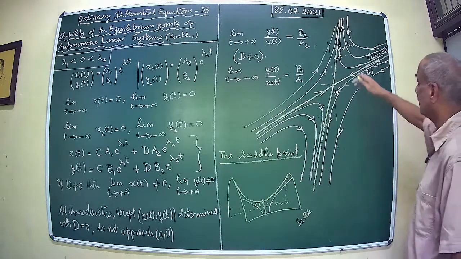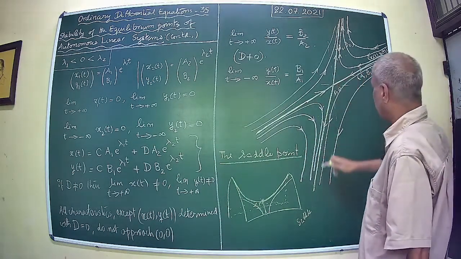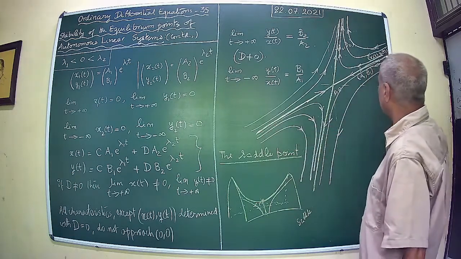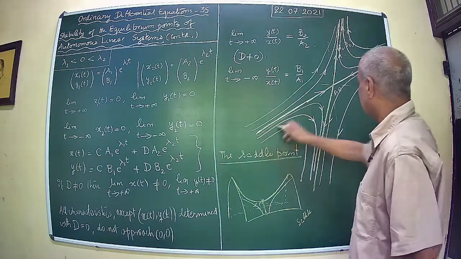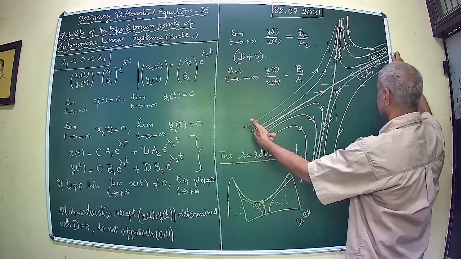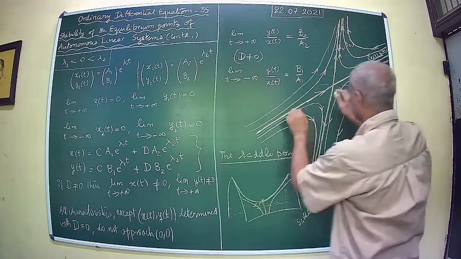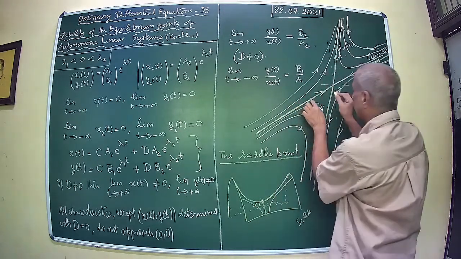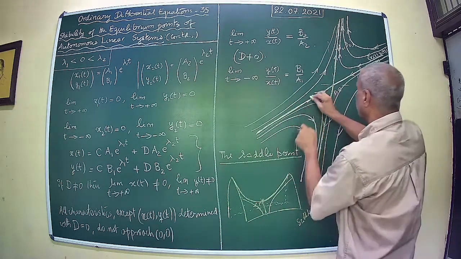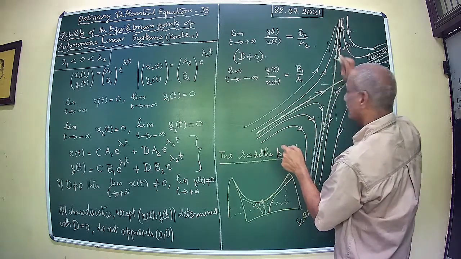Here you see that the unstable equilibrium point that you see, the unstable path that actually approaches 0, 0 is this. All other paths. So for instance, if a particle is moving along this direction and for some reason it is perturbed, what will happen? It will just run away.